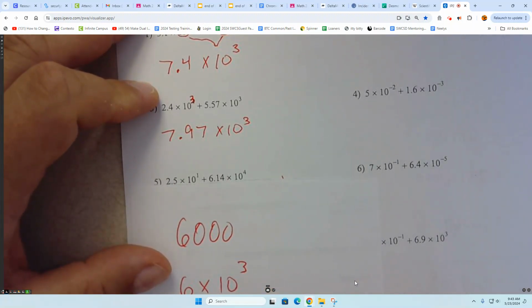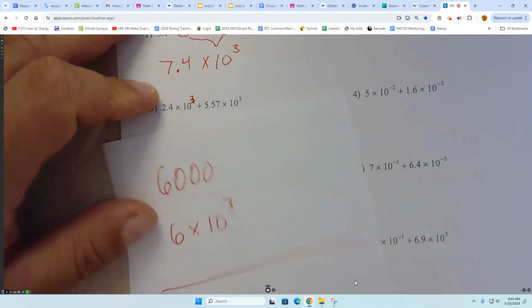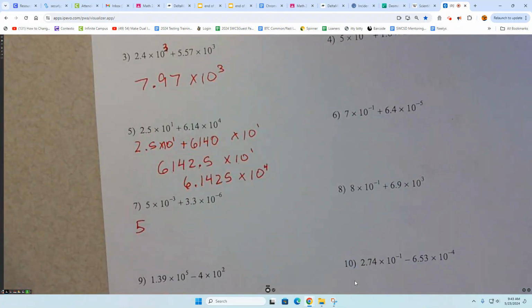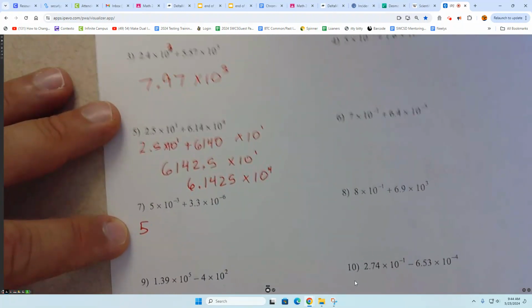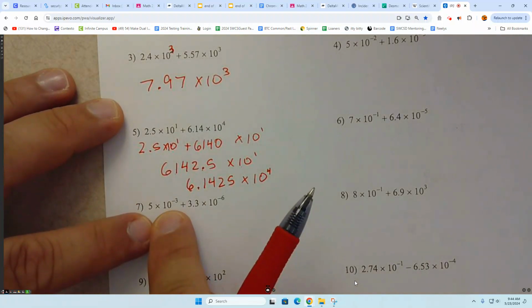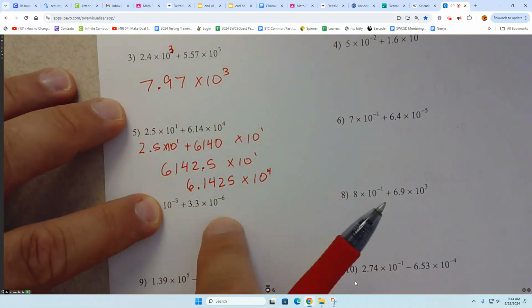If it's 0.0006, then that's 6 times 10 to the negative 4. Okay. So we want to get these to match. It doesn't matter which way you move. I can either make this one here 10 to the negative 6, or I can make this 10 to the negative 3.